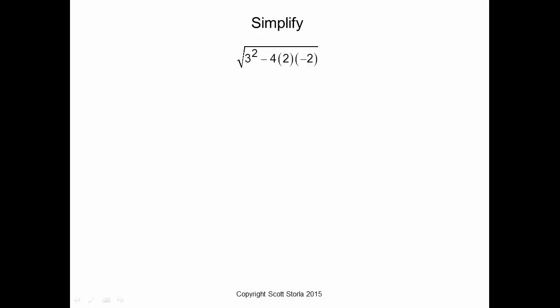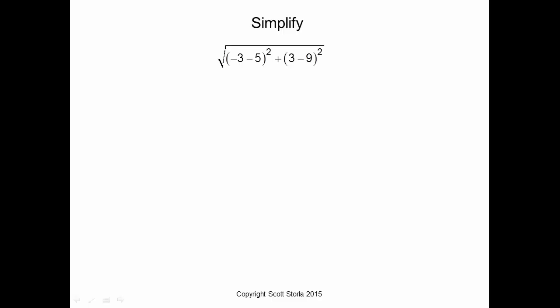My advice, keep it a subtract. This will be 3 squared is a 9. Then multiplying left to right, I'll get 8 and negative 16. Now I'm subtracting a negative 16. That gets processed as an addition. 9 and 16 is 25, and square root of 25 is 5.